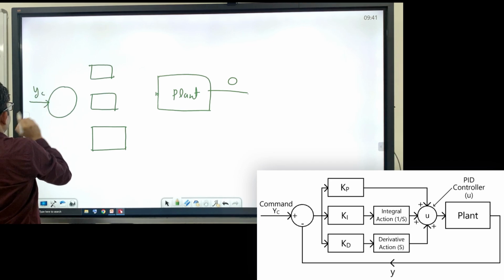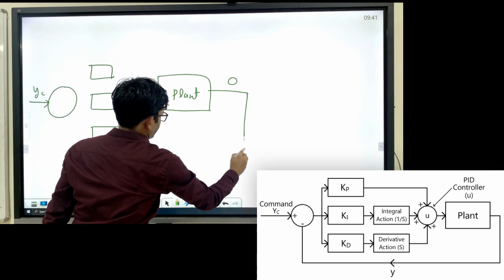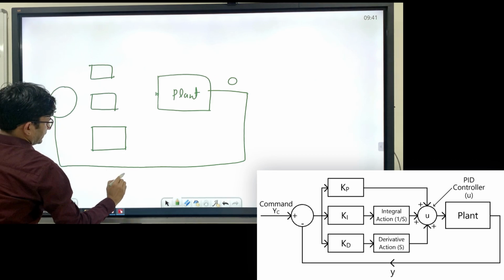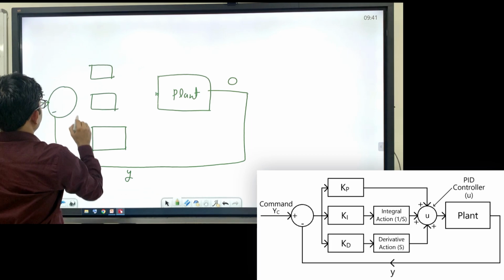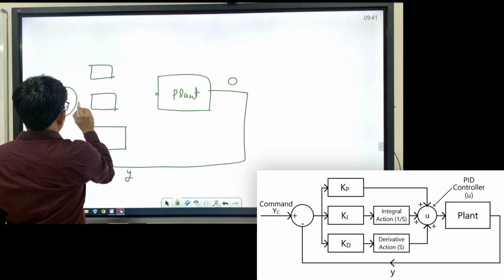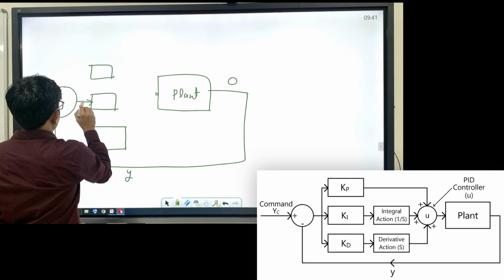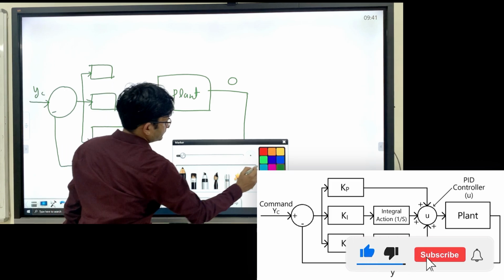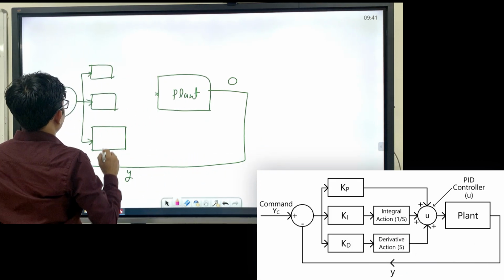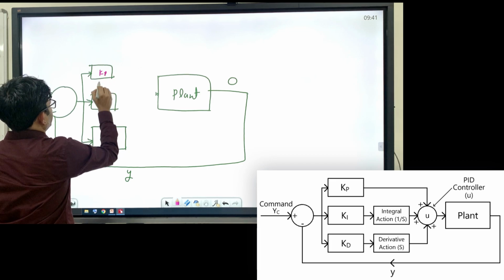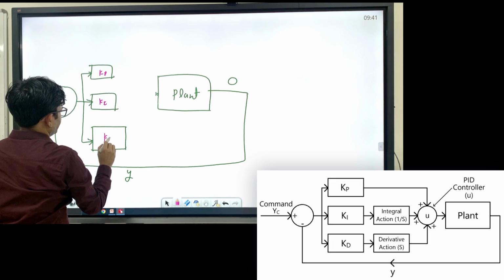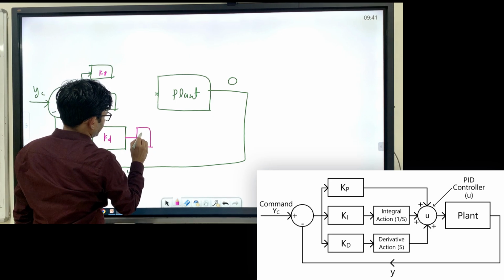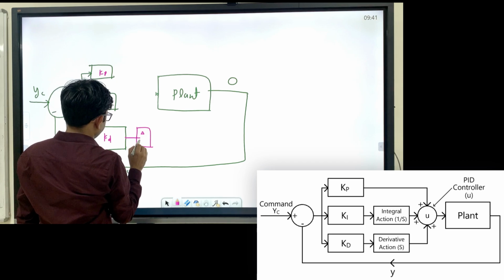So now this is your set point. Let's say you have commanded Y, command something. That can be the angle, that can be the altitude, any other parameter. This is the Y, and now you will take the error and you will supply it to these 3 blocks. This is Kp, Ki and Kd. So you have to take the derivative action, right?